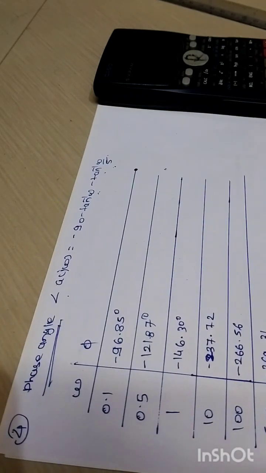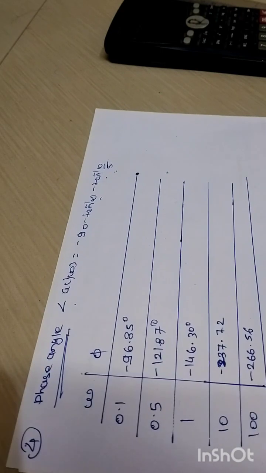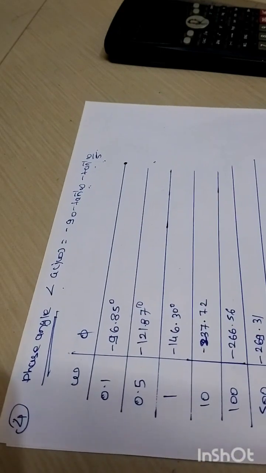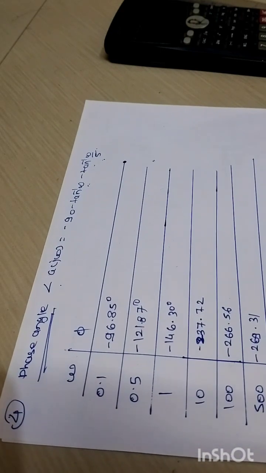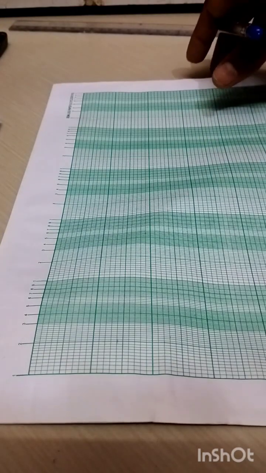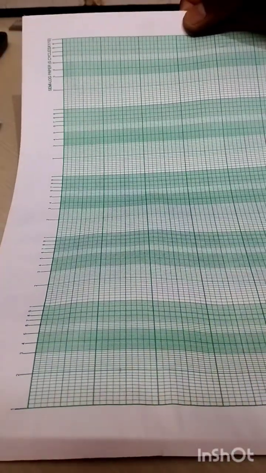Immediately after that, the most important part is the Bode plot sketching. With the help of the semi-log paper, we need to plot that Bode plot. So the last step is, as you can see, this is the semi-log paper.